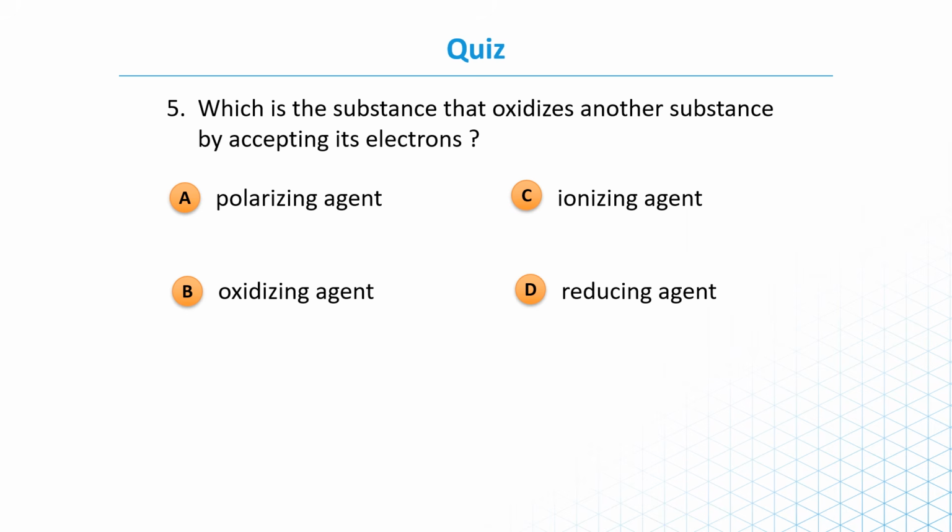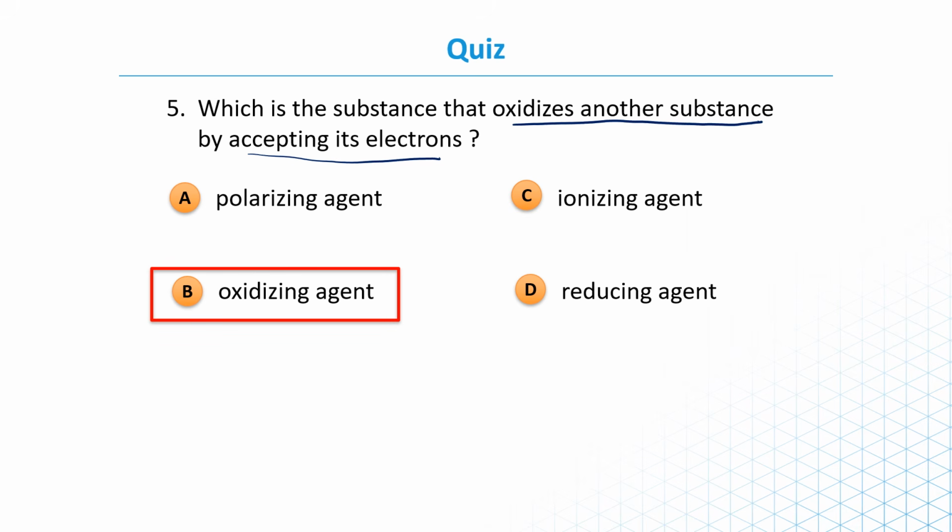So which is the substance that oxidizes another substance? If it oxidizes another substance and it accepts electrons, it means it is the oxidizing agent. Okay.